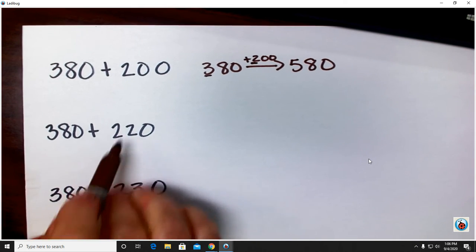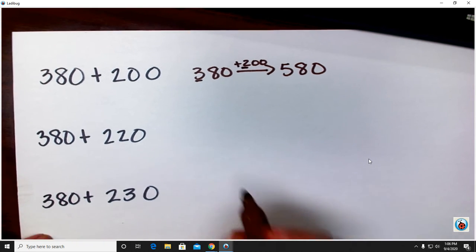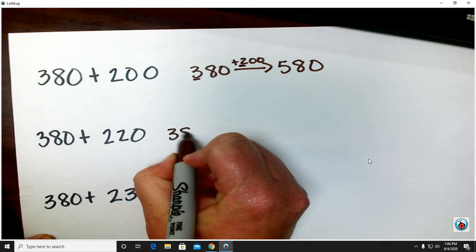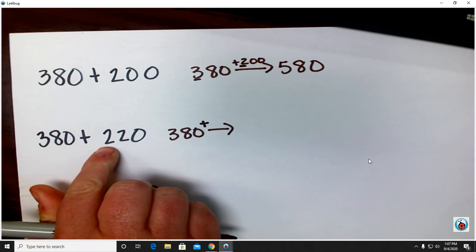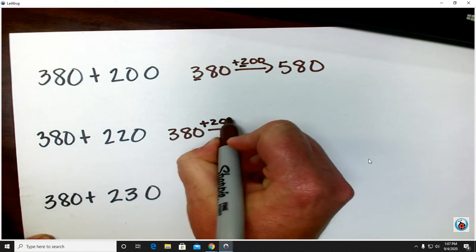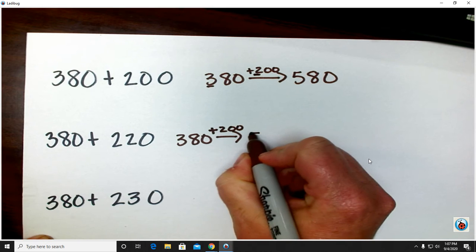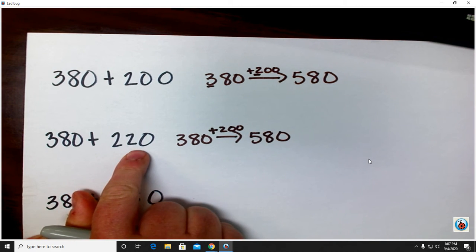Okay? The next one, we have 380 plus 220. So as you can see, all of these relate. They're just going to look a little different when we add them. So I have 380 plus, I'm just going to go on and make a jump of 200 because I know this is a 100 plus a 100. And up here we said it was 580, so I can bring that down. But this one's a little different. I have 20 left over.